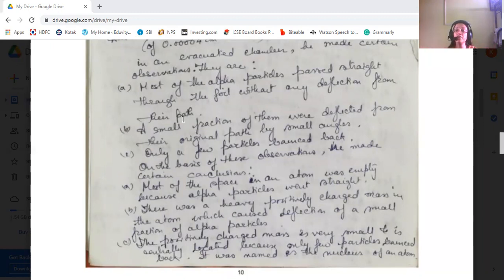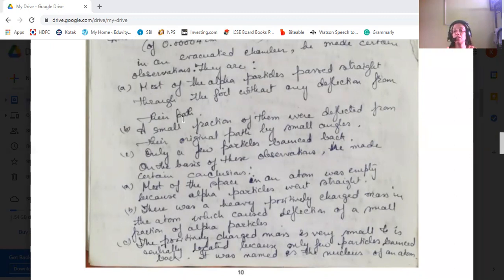And the positively charged mass is very small and centrally located, and that's why a few of the alpha particles bounced back. Why? Because there was a positively charged mass, and the alpha particles are also positively charged. As the charges are the same, they deviate, so they were reflected back.